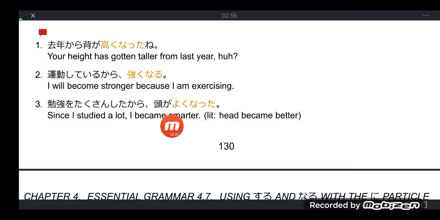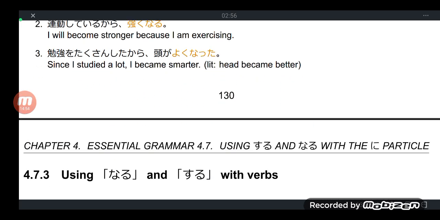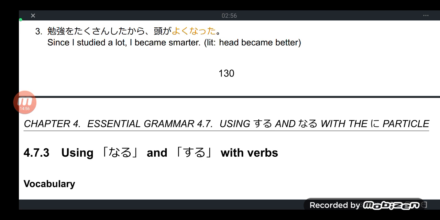Smarter is 頭が良くなった。I became smarter. Or the head becomes better. 頭 is head. 頭が良くなった。I became smarter, or literally the head became better.